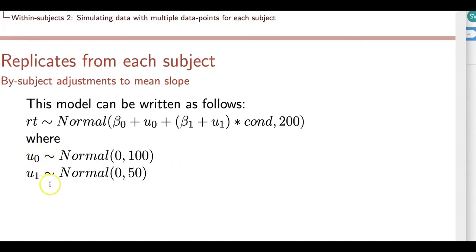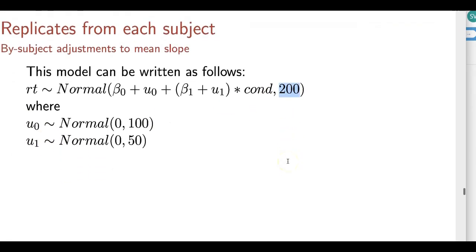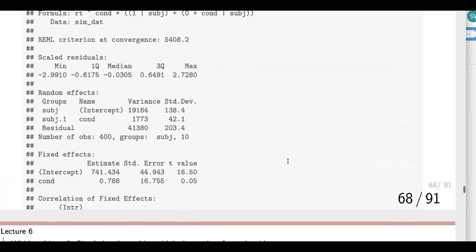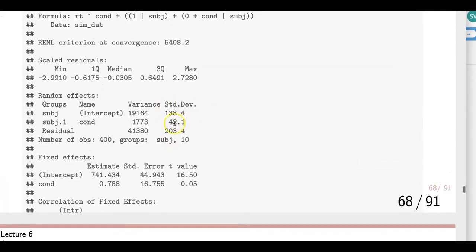And these are the two variance components in addition to the residual standard deviation, okay? So these are 3 standard deviations that we will be estimating in the model, and you saw that here, right? We've estimated 3 standard deviations: the intercept adjustment by subjects, the slope adjustment by subjects, and the residual error.